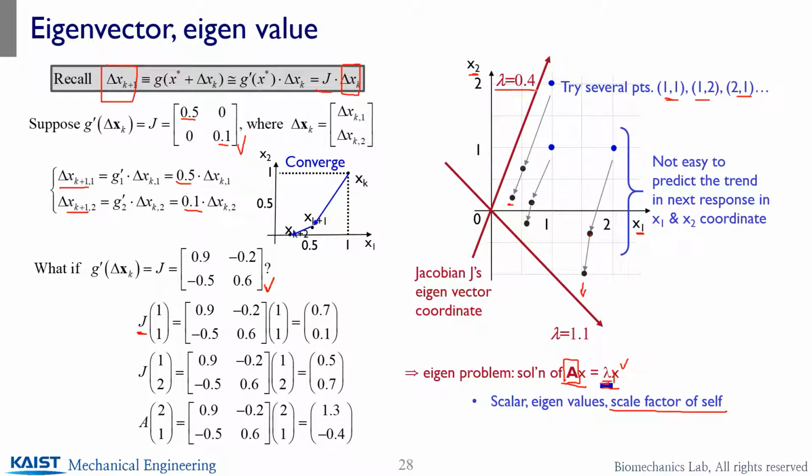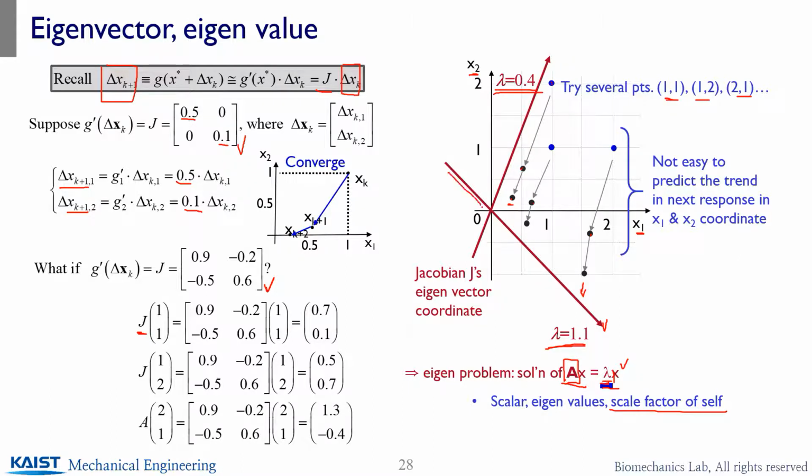So suppose this axis corresponds to eigenvalue 0.4, and this axis corresponds to eigenvalue 0.1, meaning whatever is in this axis will be scaled down by 0.4. So this has been reduced by more than half, and this one has been reduced by more than half.